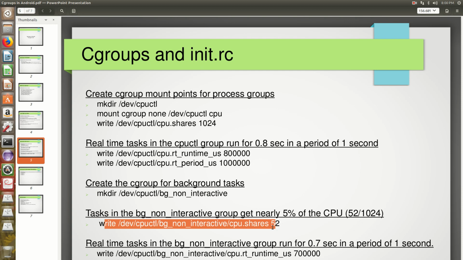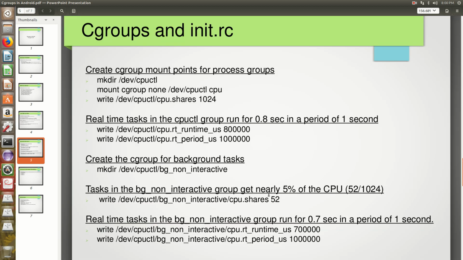What this means is, this C group basically gets a CPU share of about 5%. It's 52 by 1024, where 1024 is the base. So nearly 5% of the CPU is assigned to the C group when you have some tasks in the C group.